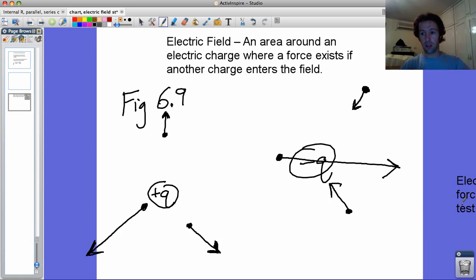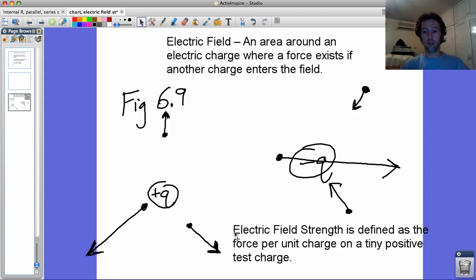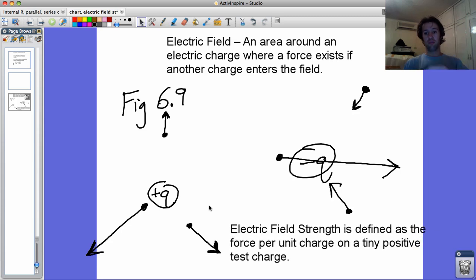The next thing that I want you guys to know, if we're going to define the electrical field strength, is this. I think you've got this written down already, but it's the force per unit charge.